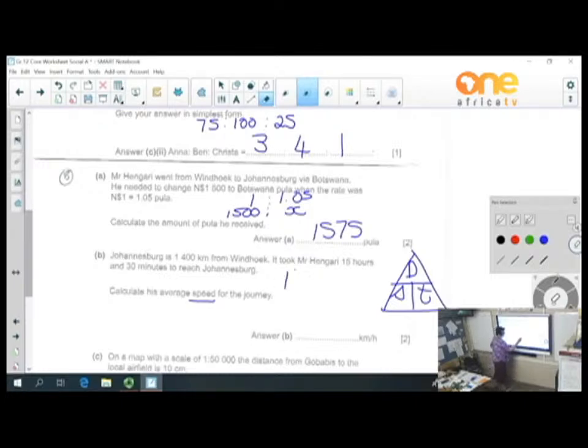But now, the time is 15 hours and 30 minutes, which is what? Yeah, 15.5. We change the minutes to hours, okay? And what is then his speed? Yeah, I got 90.3 kilometers per hour. 3 significant figures. We round off to 3 significant figures.